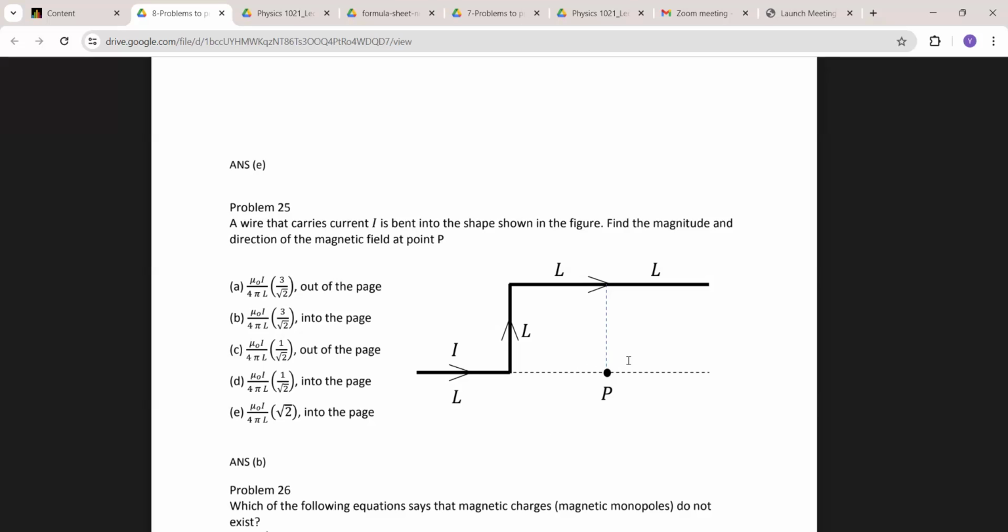For questions like this, usually we look at the infinite ones. Here I have a semi-infinite line. And here I have two sections.